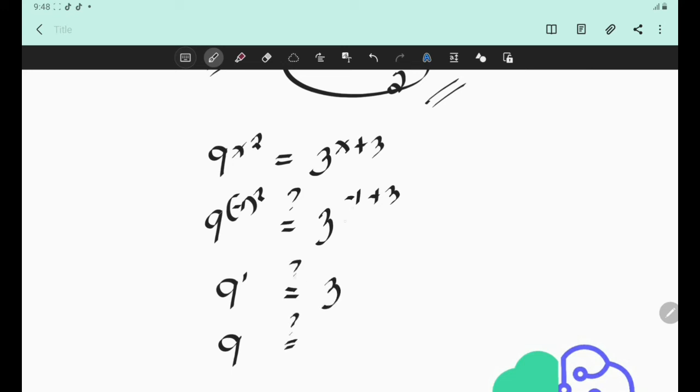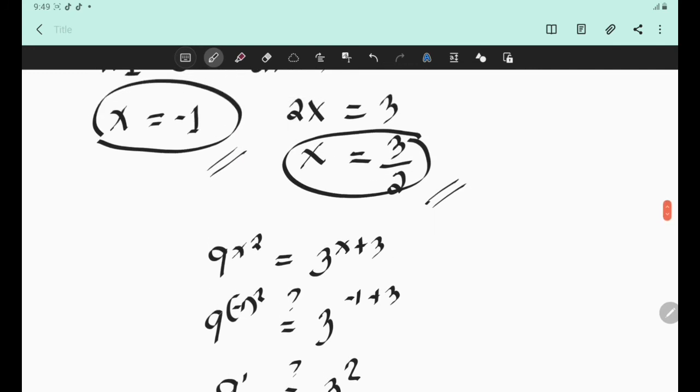So, we have 3 raised to negative 1 plus 3. We have positive 2. And 3 squared is 9. So, they are equal. So, ibig sabihin, if the value of x is negative 1, the exponential equation is true. Okay, kung true siya, ibig sabihin, possible value niya talaga si negative 1.